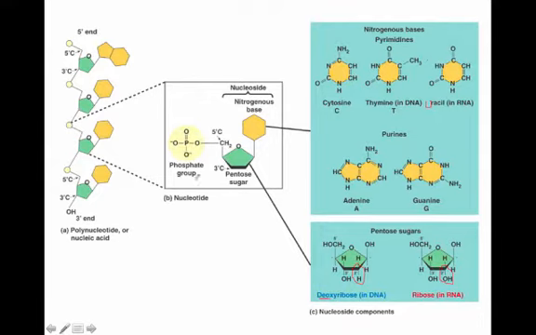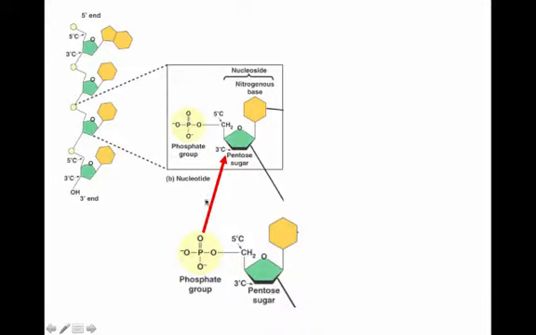All right, and then looking at how these particular monomers bond through that phosphodiester bonding. Let's take a look at this slide. So here we have a monomer, a nucleotide, and it is going to bond to this particular area of the sugar, the 3' carbon. So we're getting back into that 5' versus 3' idea.